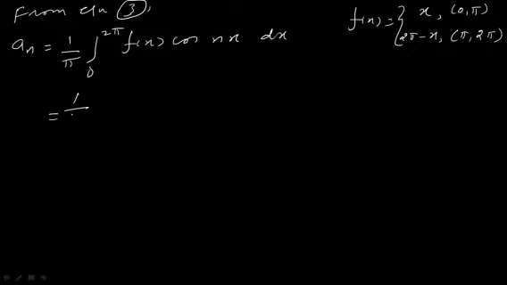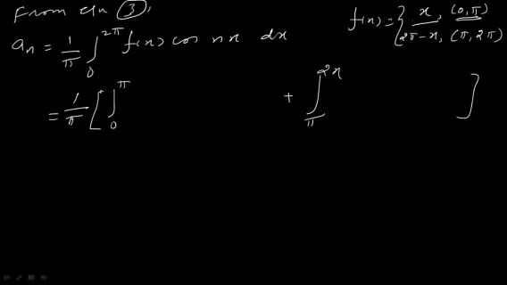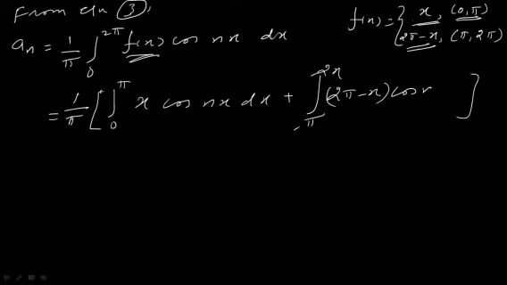Okay. Now, I am going to split this integral into two parts. That is 1 by pi integral 0 to pi as one integral and pi to 2 pi as another integral. In 0 to pi, the function f of x takes the value x, so here you have x cos nx dx. Whereas in pi to 2 pi, the function f of x takes the value 2 pi minus x, so 2 pi minus x cos nx dx.